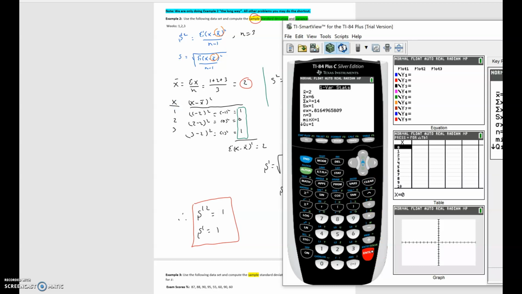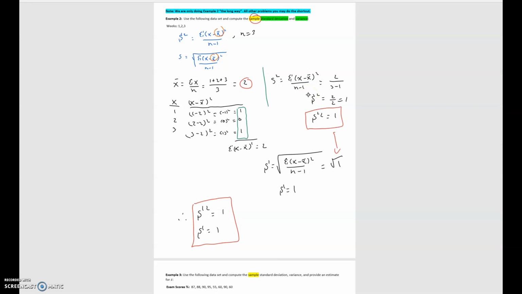Okay, so run a one variable stats, and you can see here that this is a sample. That is your mean, which is 2, which we obtained here.